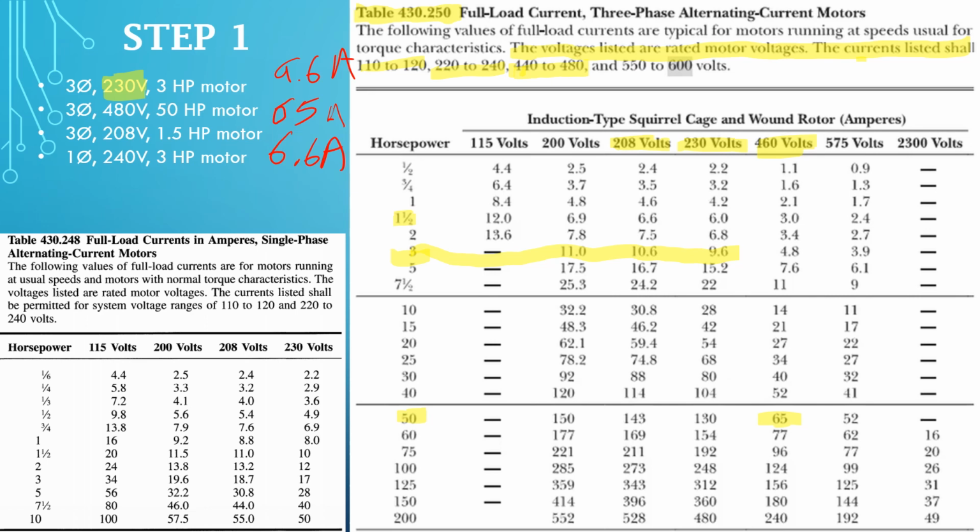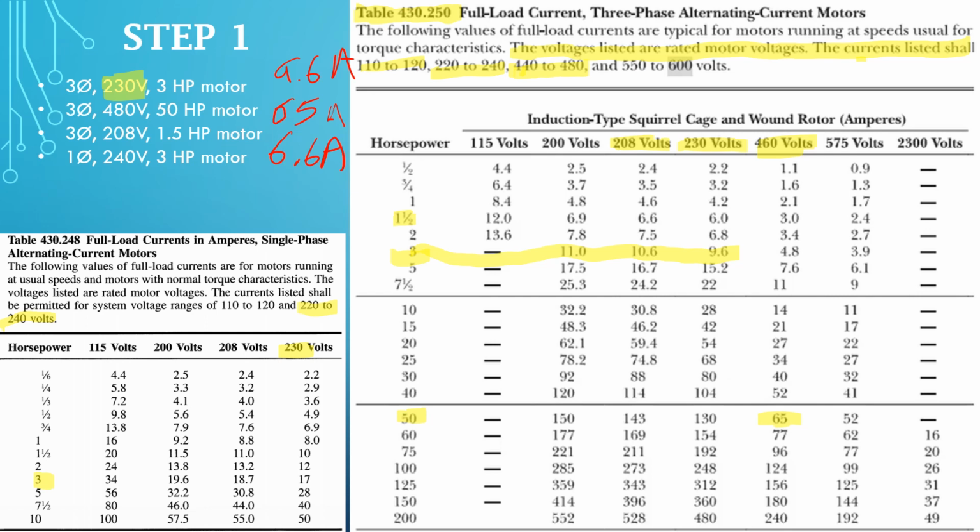Now, my next motor is a single phase motor, so I'm going to look at table 430.248, which is my single phase chart. I can see the first one is 240 volts. Same here, right? I have 230. I'm allowed between 220 and 240. So this one says it's 230, we were at 230, so we're good there. 3 horsepower.